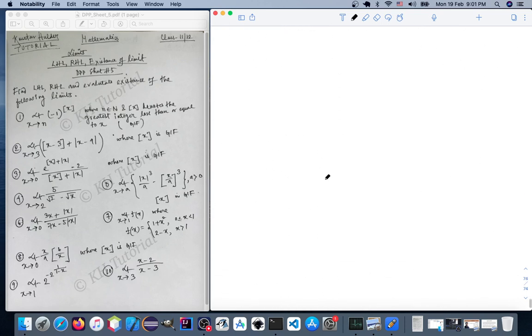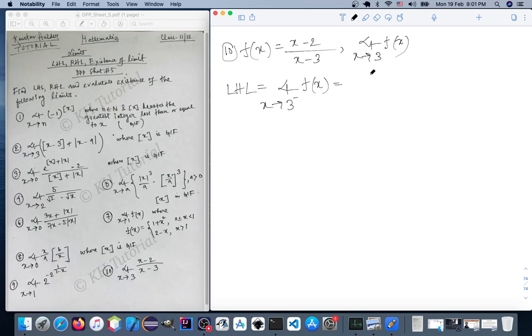Problem number 10. If f(x) is x minus 2 divided by x minus 3, and we have to check the limit of f(x) at 3. So LHL is limit x tending to 3 minus f(x) equals limit h tending to 0 f of 3 minus h.